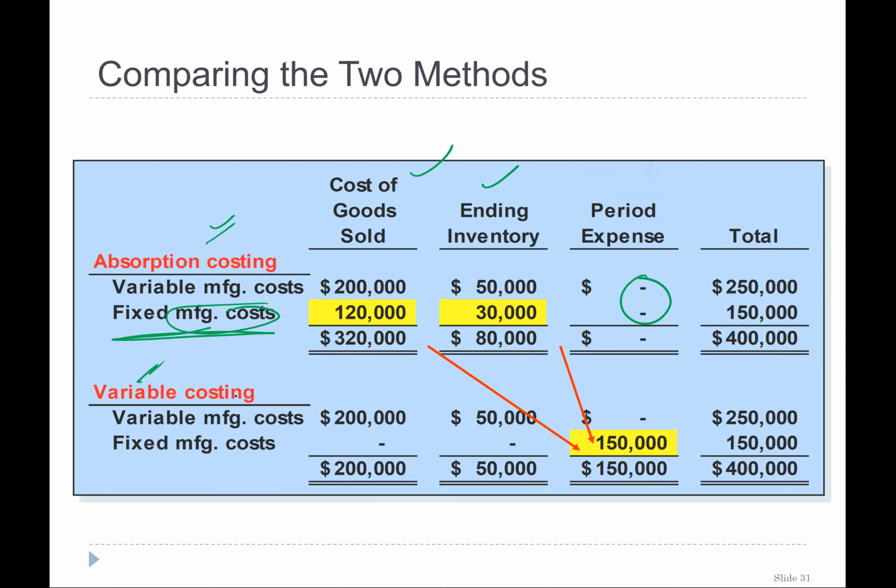The variable costing method treated the fixed manufacturing overhead as a period cost. So the difference between these two methods is the treatment of fixed manufacturing overhead. One method treats it as a period cost, the other treats it as a unit cost, right?